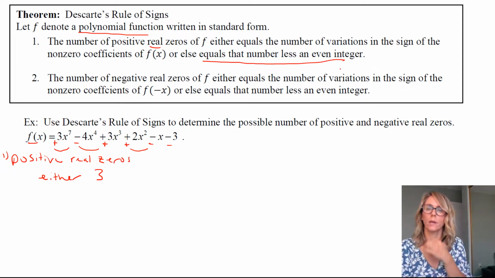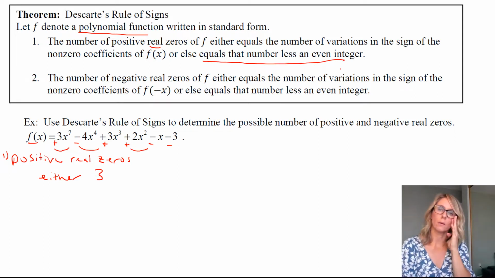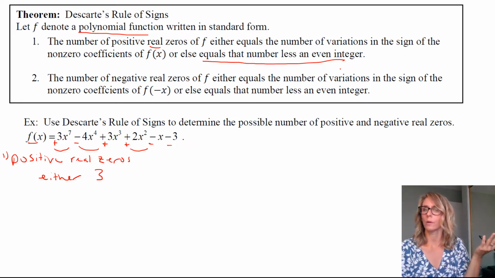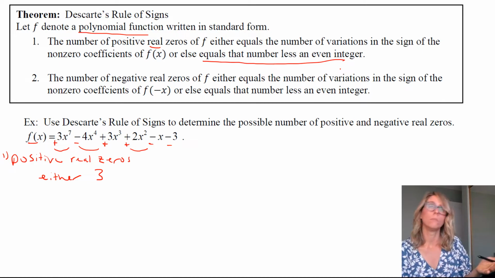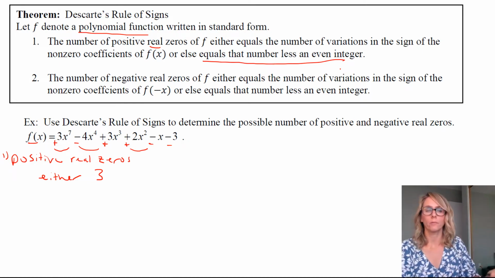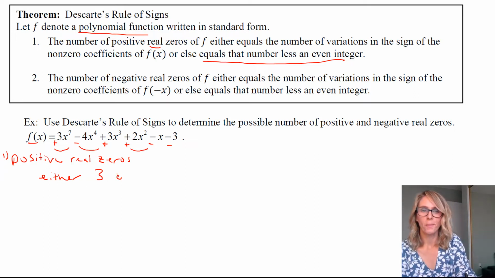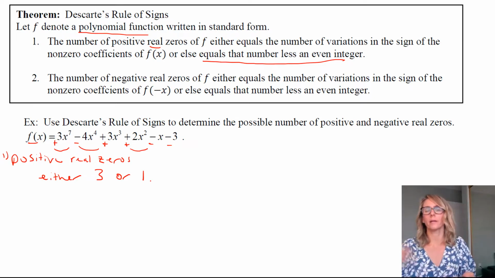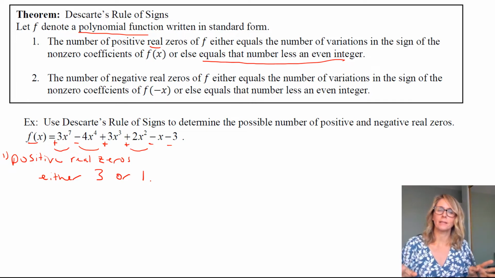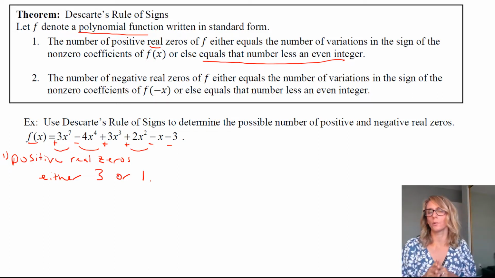An even integer is simply like 2, 4, 6, 8, technically -2, -4, -6. Basically all we do is subtract 2. 3 minus 2 is 1. We're not going to go any further than that because that would send us into negative real zeros, and that doesn't make any sense. It's just how many positive real zeros are possible, either 3 or 1.